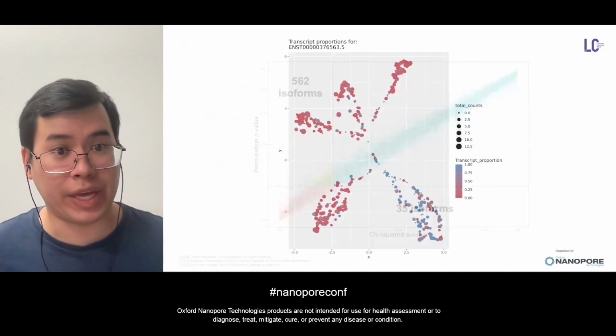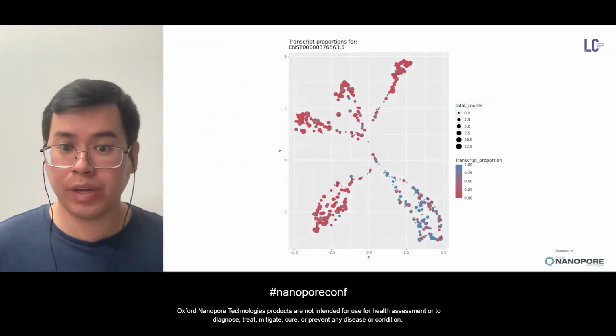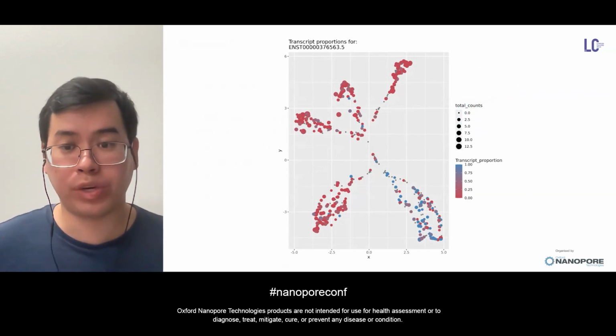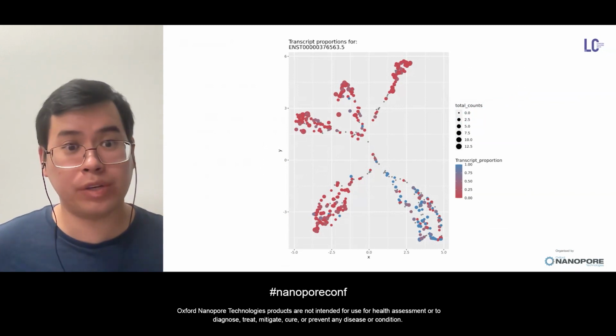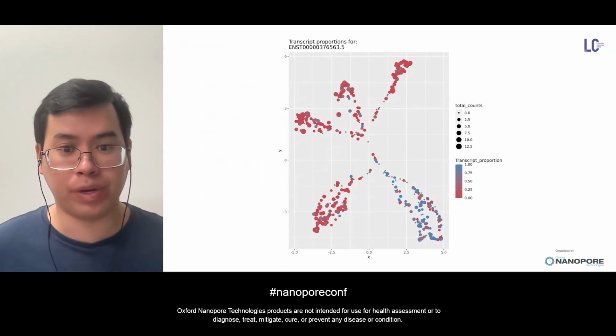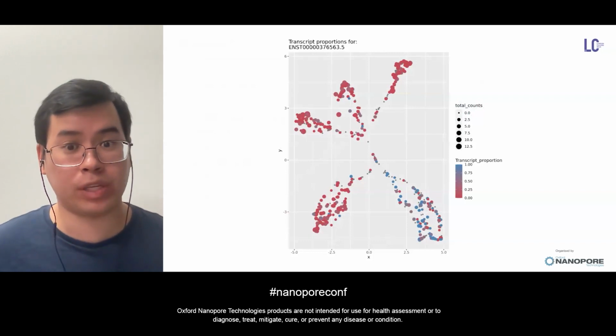But can we then see these isoform switching events visually? And it turns out that you can. So here is the UMAP of Mixology 1. So every dot is a cell. The larger the dot, the more counts that we have for the gene PQBP1. And we're looking at a transcript within the gene PQBP1. The more blue a dot is, the larger proportion of those gene counts that this transcript occupies.